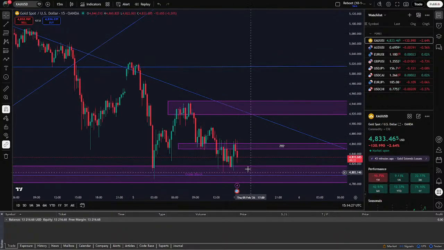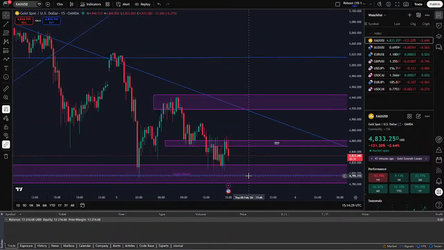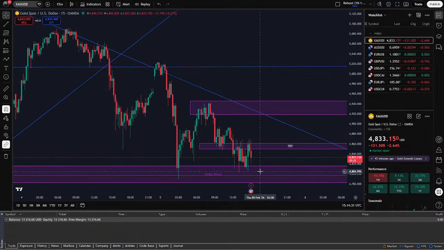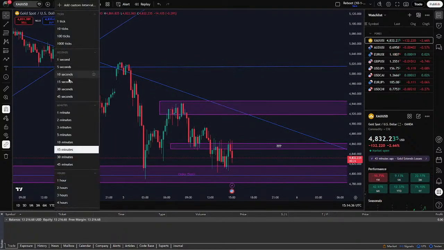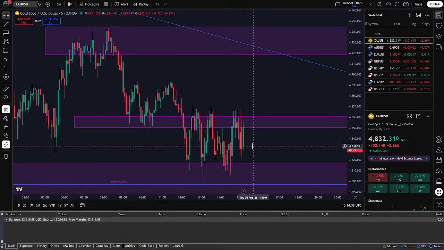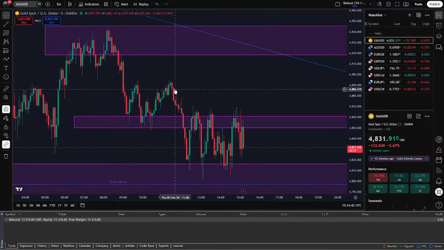I bet a lot of people are expecting here to be a buy zone. But if it comes here and breaks down, bro, careful, man. I think a lot of people are expecting that to happen, because they think the forecast during the news at 11 is showing much better than the previous one.